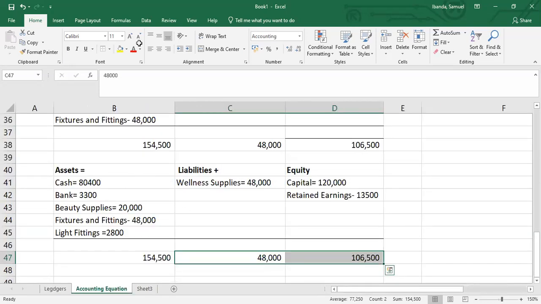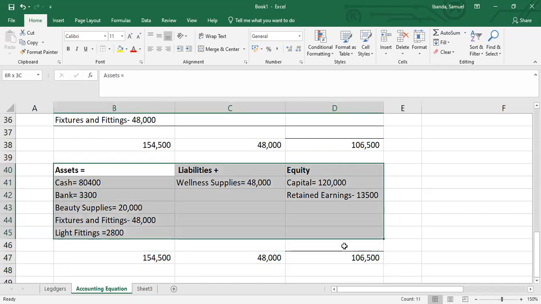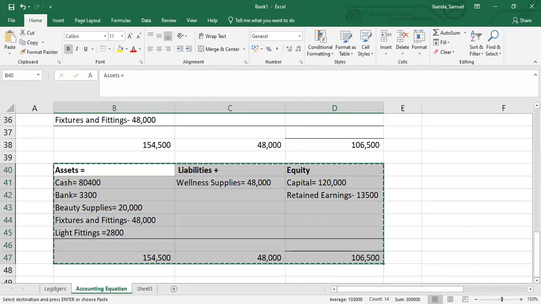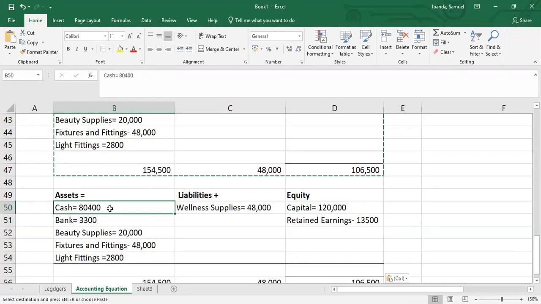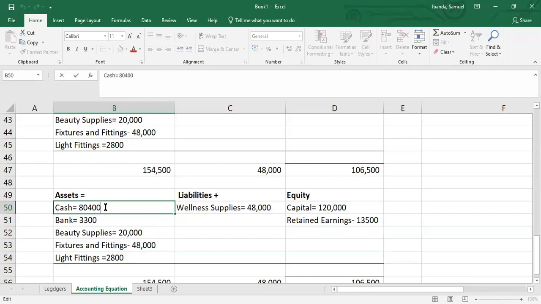So what will happen with my asset equation? I'll just try to copy here and paste it here. Cash, definitely, of course, for matters of here, I just want to make, of course, cash is affected by 5,000, but later this cash is actually banked.